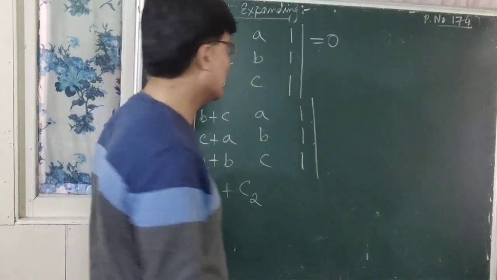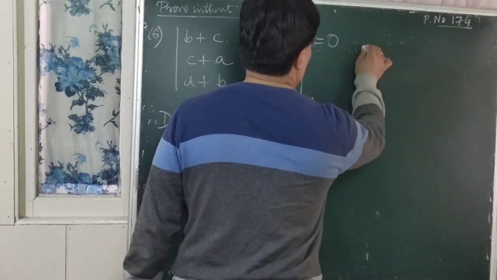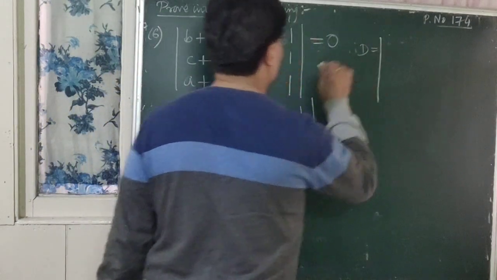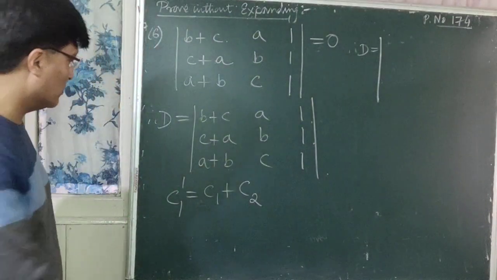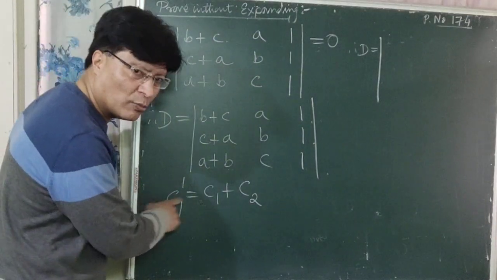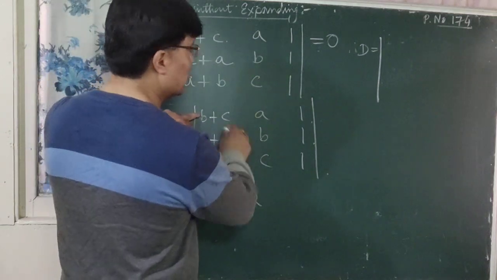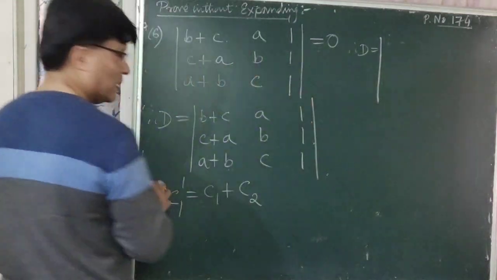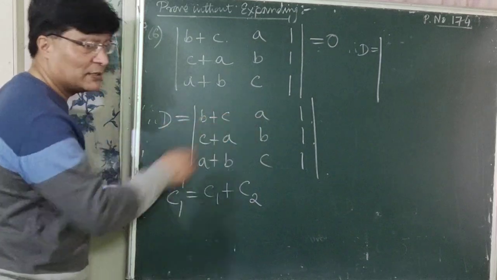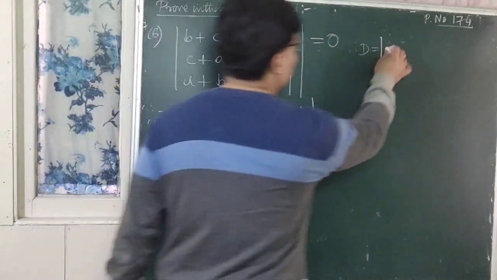So let us do this one. Therefore D is equal to, now what is the new first column? C1 dash means column 1 is changing, the new first column, right? So b plus c plus a means a plus b plus c, isn't it?